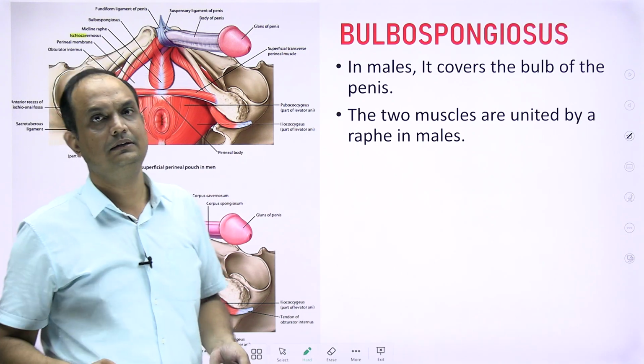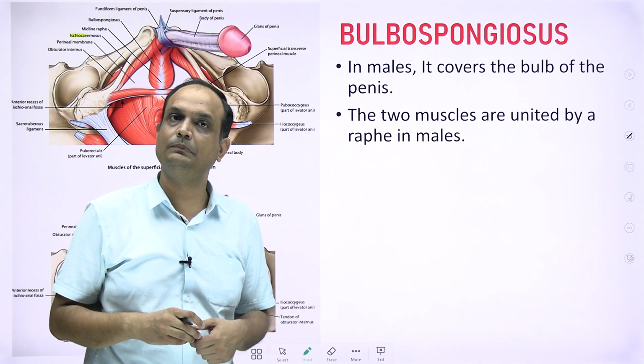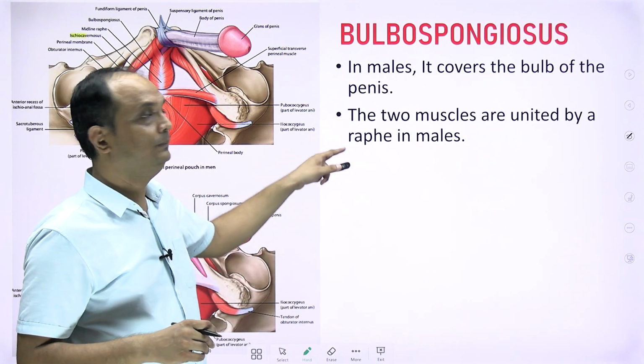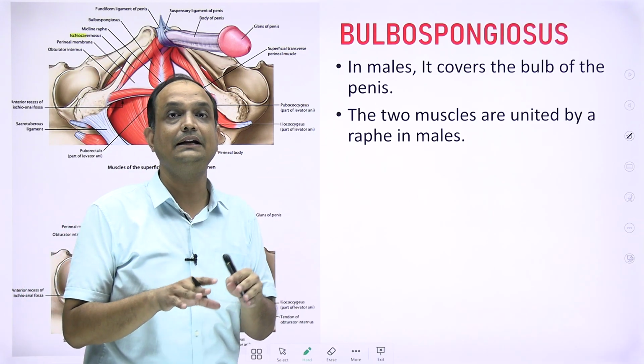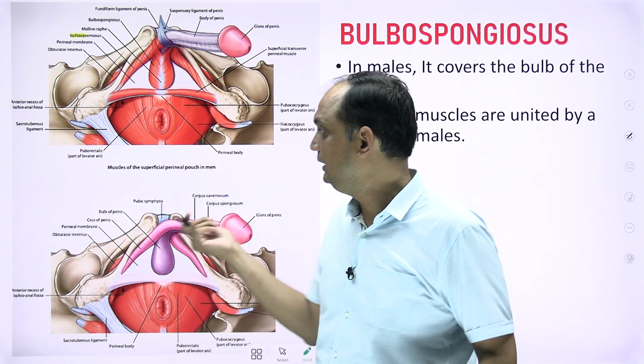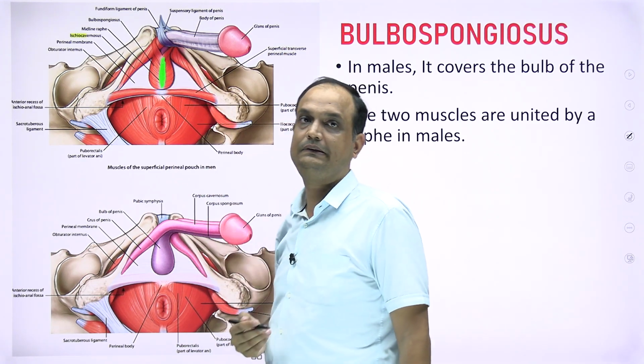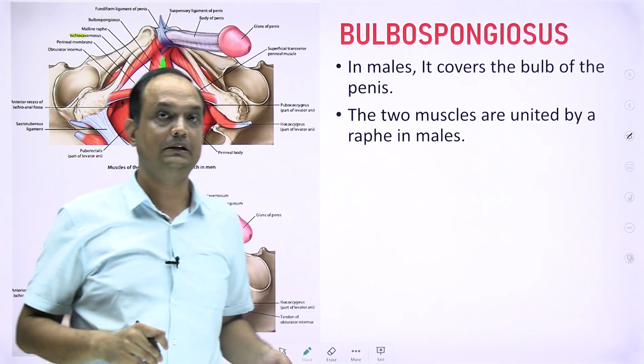In the male, these muscles cover the bulb of the penis, and that is why it is known as bulbospongiosus. The 2 muscles unite and form a single unit, and the line of their fusion is known as the raphe. So, this is the raphe which is present in the males.